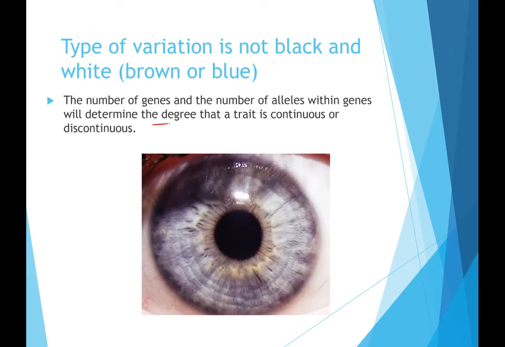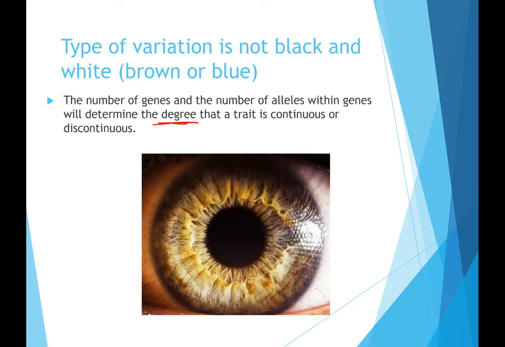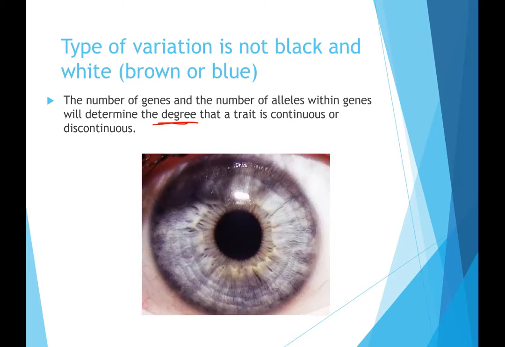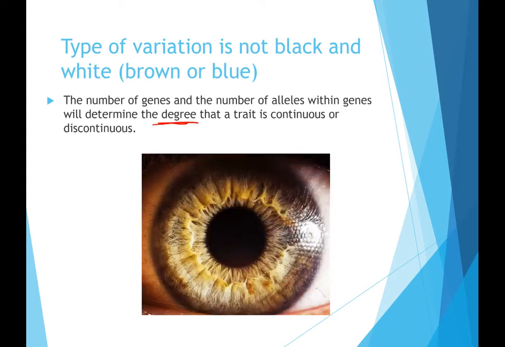That's really important, that we have a degree of continuity or discontinuity, okay? No gene is fully discontinuous, and no gene is fully, well, some genes are fully continuous or discontinuous, but the degree of that continuity is very important, okay?